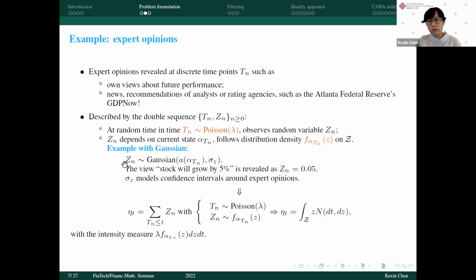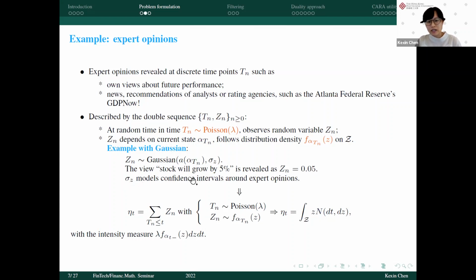So for example, we can model it as a Gaussian distribution whose drift is given by this function A depending on alpha Tn, and its volatility given by sigma z. So we can interpret the signal that Zn equals 0.05 as the view that the stock will grow by 5%.